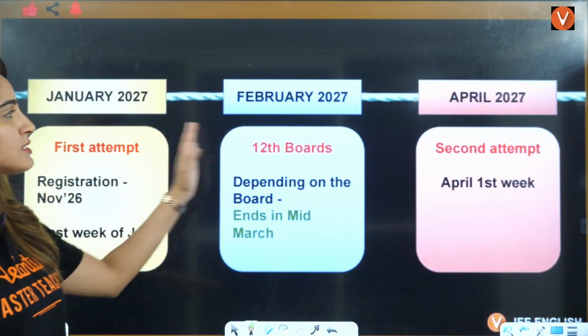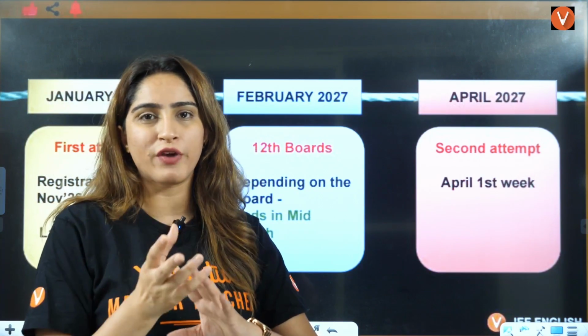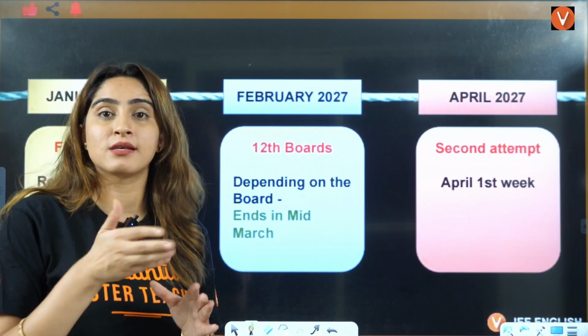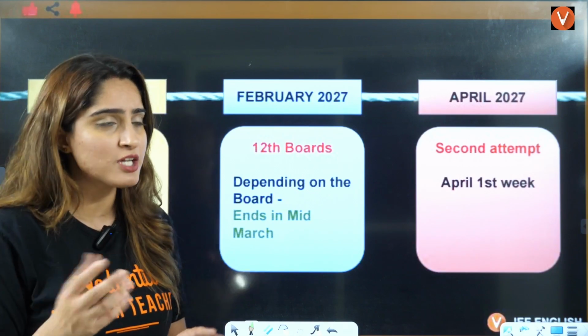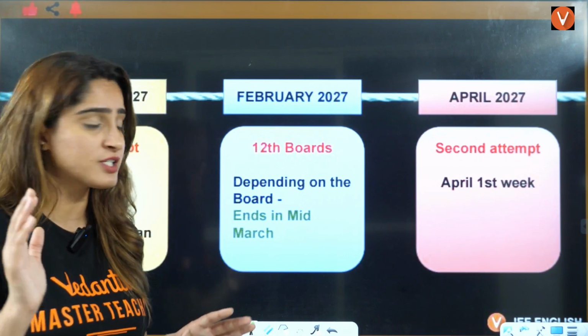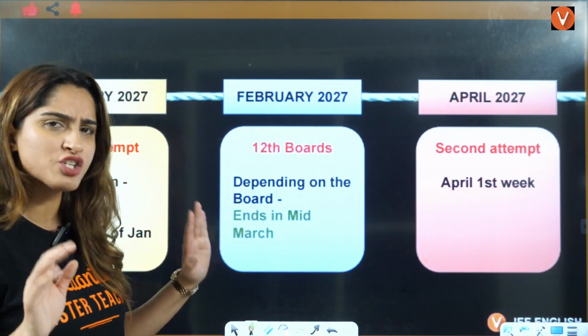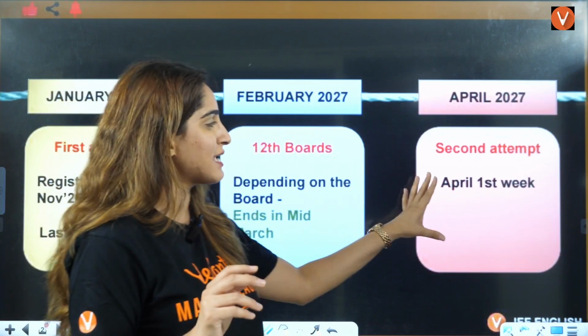Now, after this in February, the board exams vary a lot with state boards, right? But usually CBSE board is at the end of February, and some state boards are in February or March, depending upon different states, so the boards end in the mid of March, right? Now, April 2027, you will have your second attempt, right?